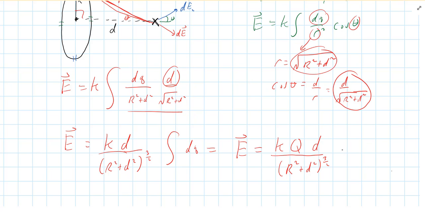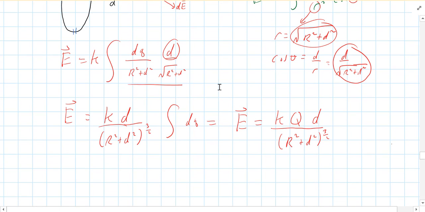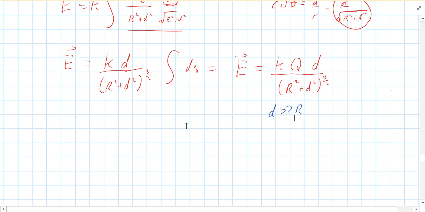Now, one last thing, I want to make a note of this. If you get really far away from this ring, it should look like a point charge to us. In other words, in this equation here, if I make d much, much bigger than R, then this equation should look like that of a point charge. Well, if you make d much, much bigger than R in the denominator here, you ignore the R squared.